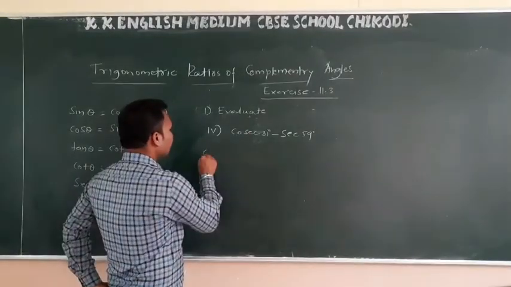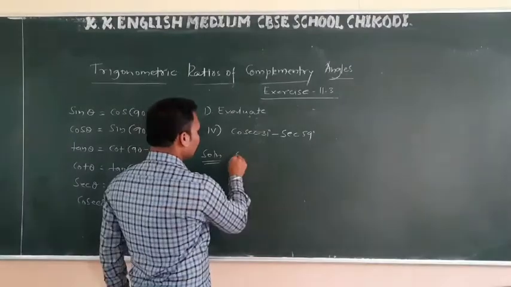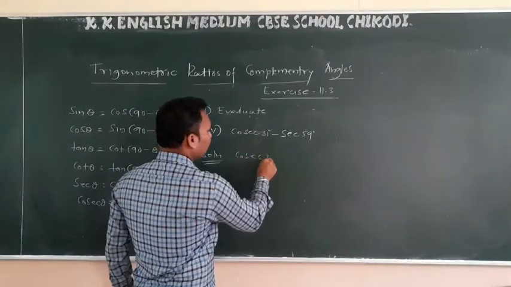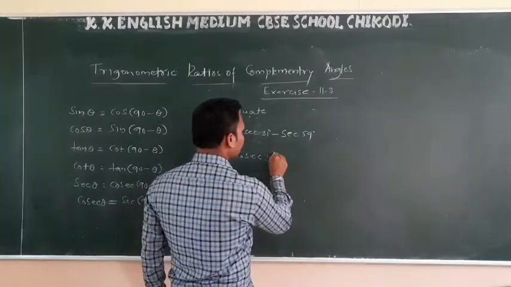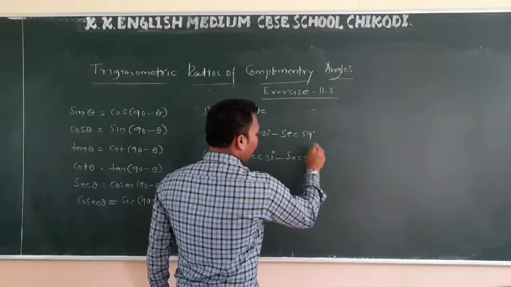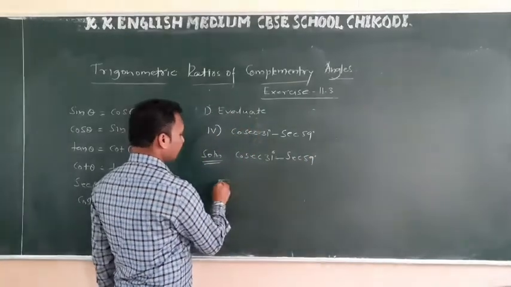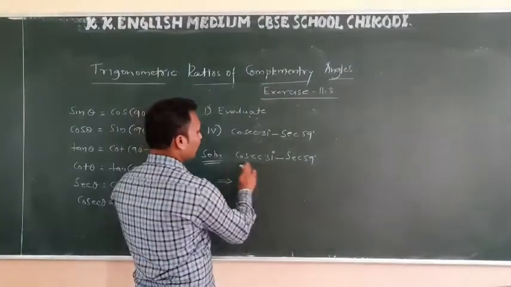So now, the solution for this question. Cosec of 31 degree minus sec of 59 degree, I'll write the given first. Then we will go for the next step. So I'll convert the first one.